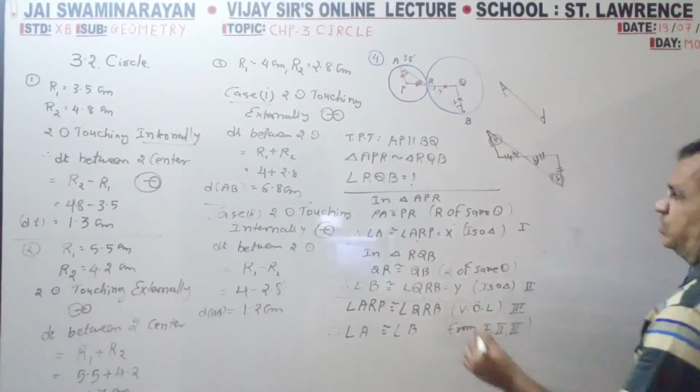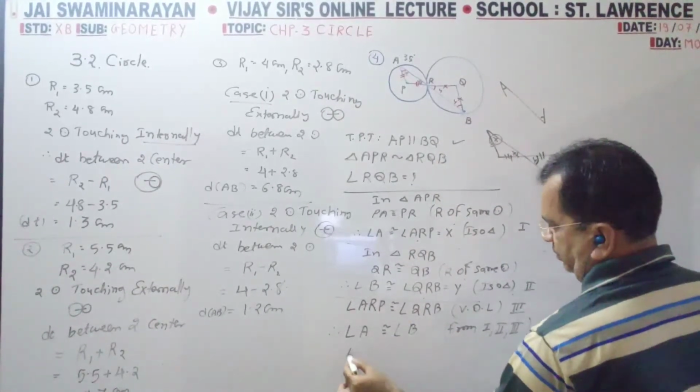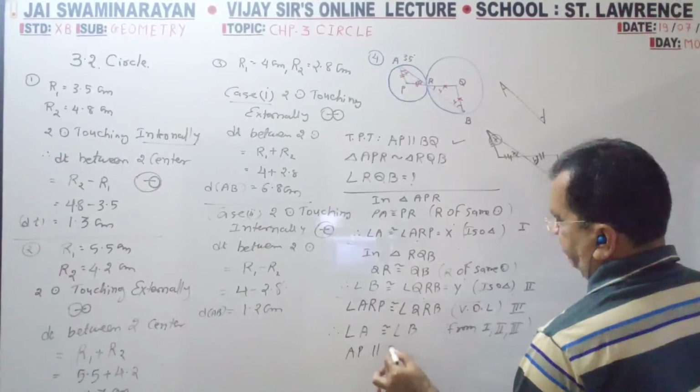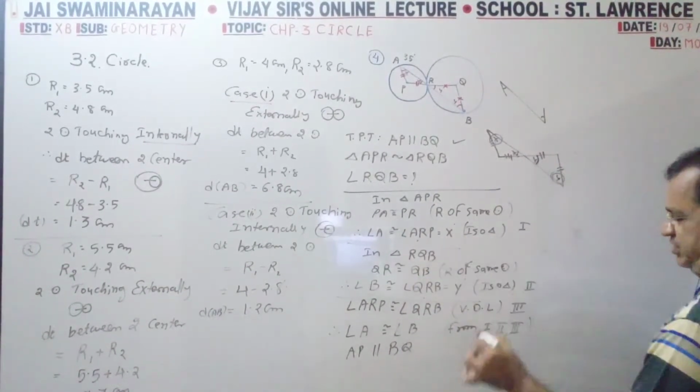Okay, so it is Z. So first is automatically proved: AP parallel to BQ. Z means alternate angle theorem.